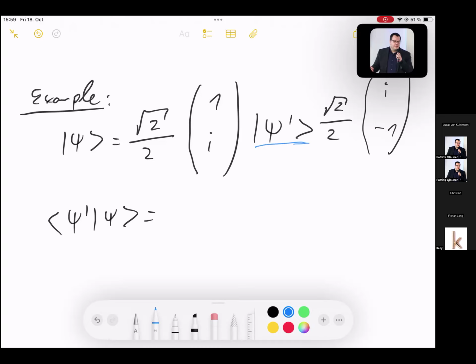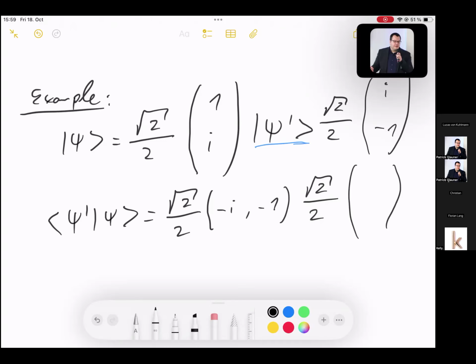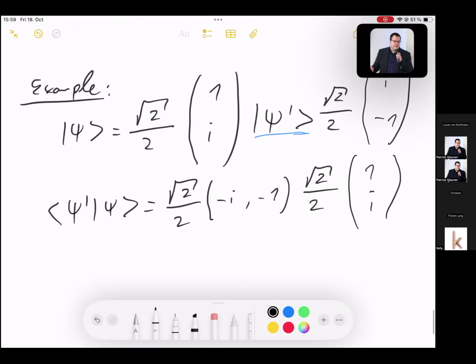We need to turn it into a bra. That means square root of 2 divided by 2, and we have this row vector minus I, minus 1. We multiply this with square root of 2 divided by 2 as a factor, 1 and I. For those who have done their calculations, you may want to look at that again.